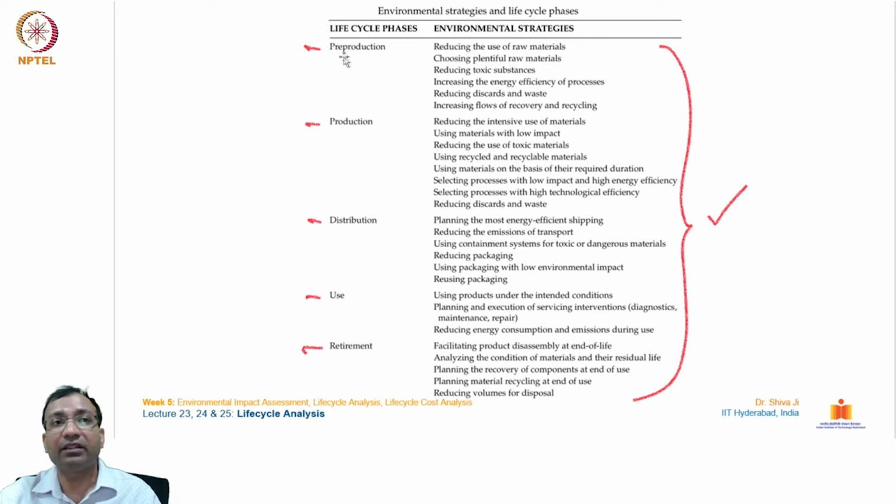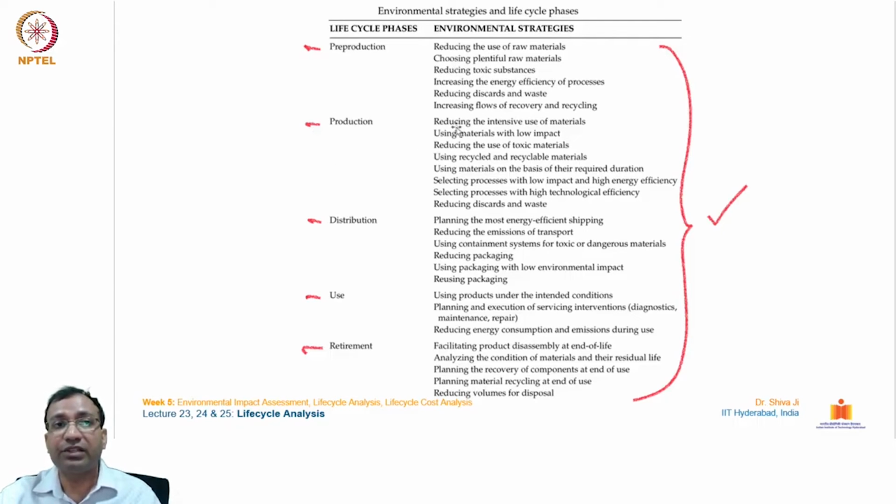At the pre-production stage, we can go for many strategies: reducing the use of raw material, choosing plentiful raw material, not scarce material, reducing the toxic substances used in product manufacturing, increasing the energy efficiency of the process itself, reducing discarding and waste, and increasing the flow of recovery and recycling. There could be even more, but at least these you can note down for the pre-production stage, with the help of which we can improve the LCA of any product.